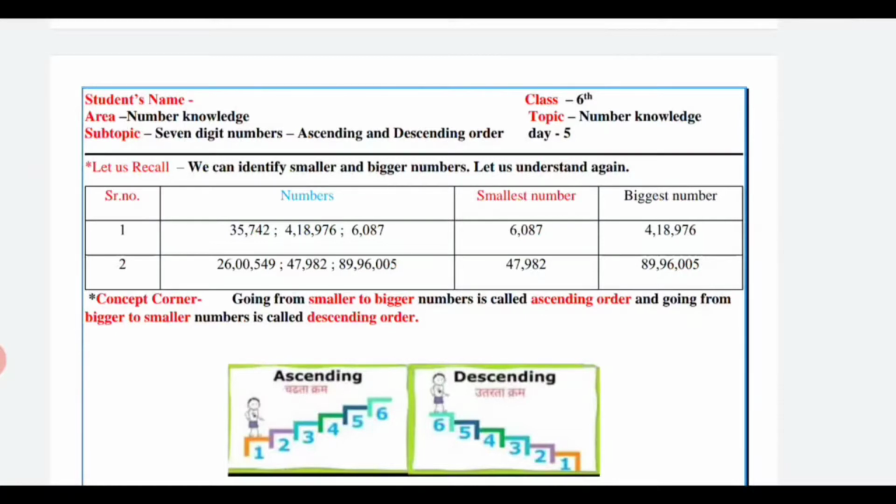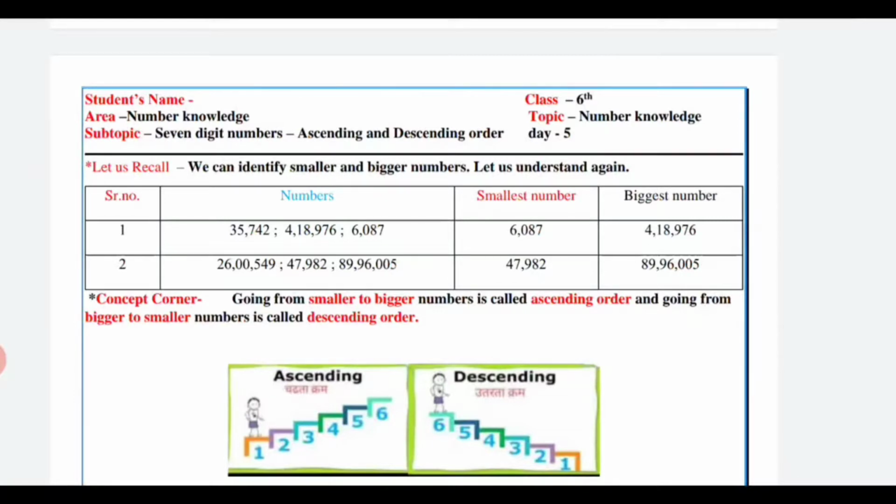They can be identified depending upon the number of digits. If the number of digits is more, then that is the biggest number, and if the number of digits is less, then that is the smallest number. We all know that. So observe this first table and find the smallest and biggest number.